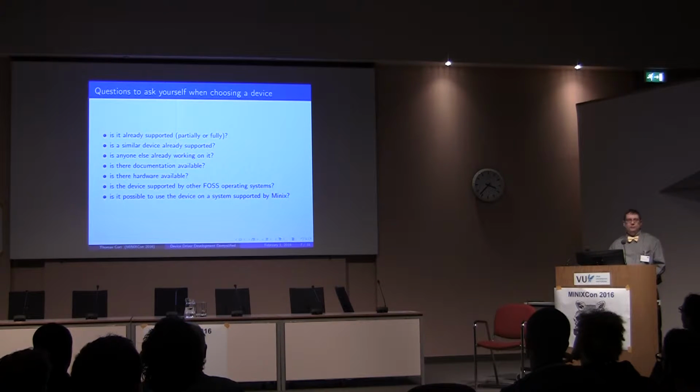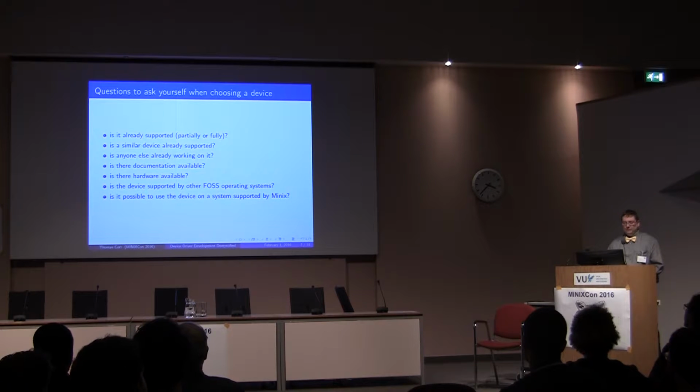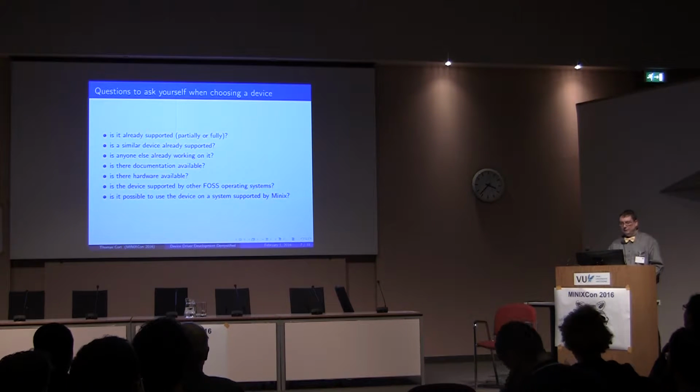You want to make sure that there's documentation available so that you actually have enough that you can build a working driver. Hardware availability is another important point. It's great that you can write a driver for a 20-year-old printer that's not being made anymore, but it's not as useful as something that someone else could buy or someone else is going to actually use with Minix.